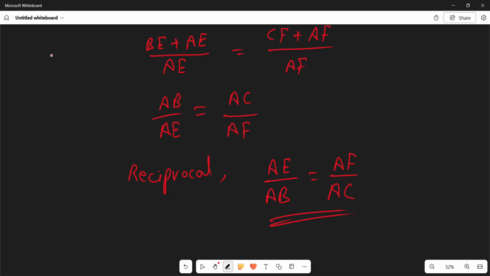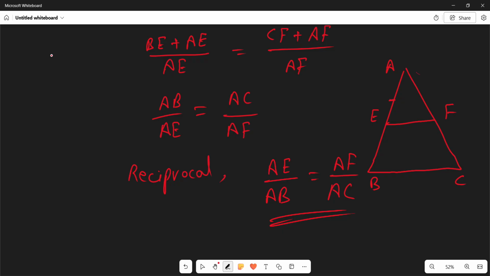Okay, so this is an extended result of BPT that you will see, and as we move on with similarity you will be able to use it. AE upon AB, where AE is a side of the smaller triangle and AB is the side of the entire big triangle, equals AF upon AC.